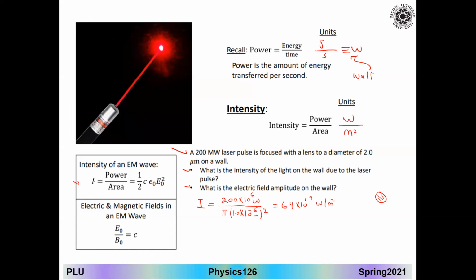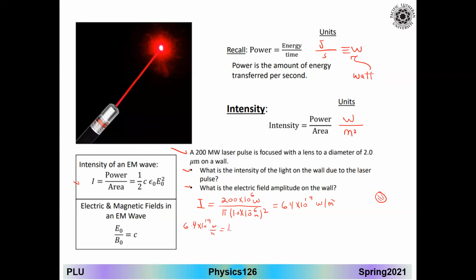Now we're gonna use the formula for I equal this part. So I have 6.4 power to the 19 watt per meter square.